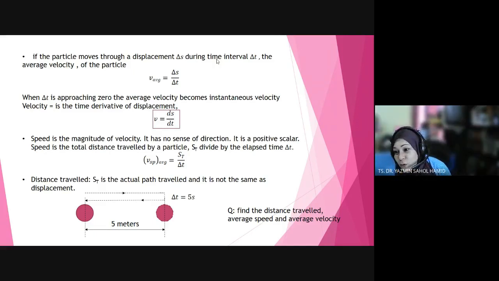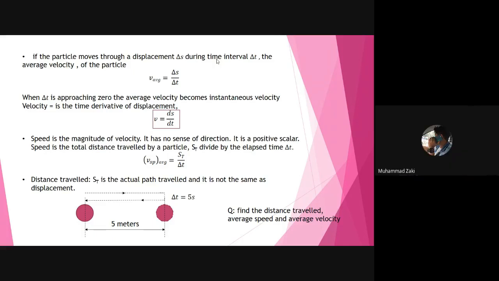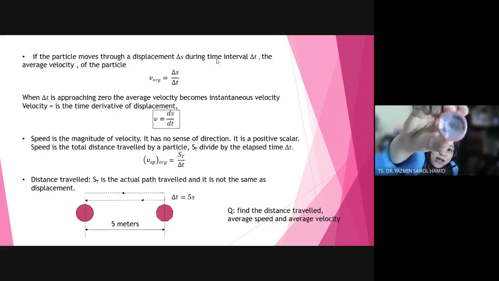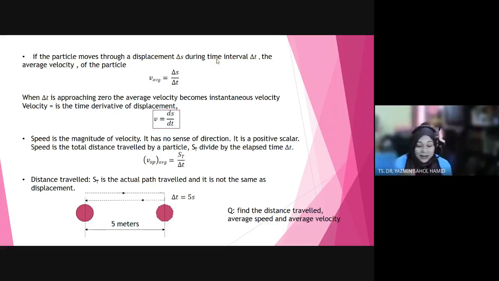Who answered zero? Each of you wants one terrific, right? Alright. Yes, the answer is zero because finally it did not change position: it moved right 5 meters and then returned back to its position.